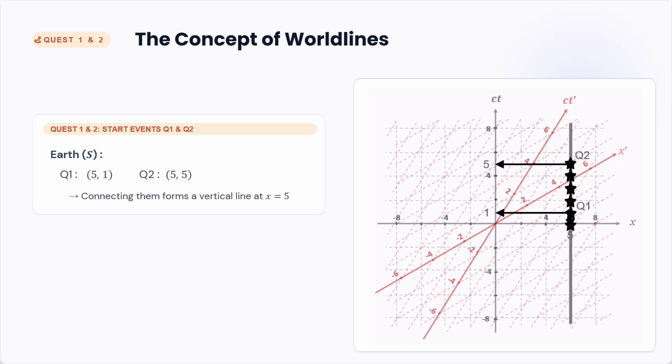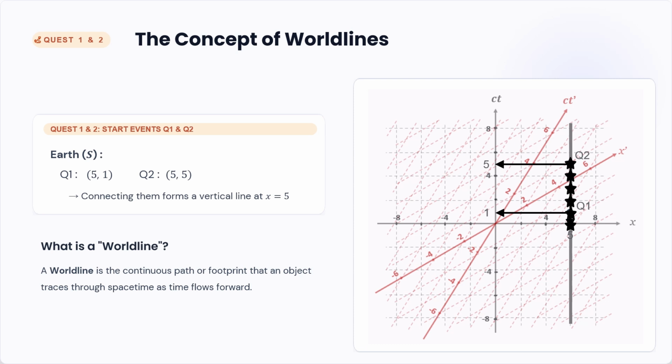As time flows forward, how an object moves through space leaves a track. When you connect those footprints in spacetime into a single, continuous line, the physics world calls it Worldline. This vertical line is the world line of that star floating stationary 5 light-years away from Earth. Can you feel how individual event points connect to form the footprints of spacetime?